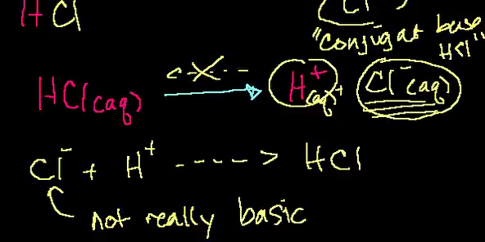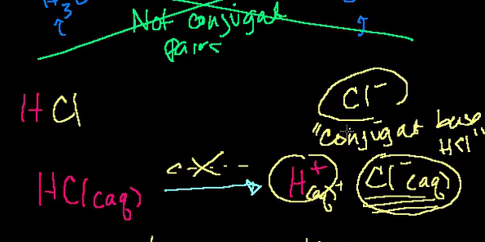So, like in the case of hydrochloric acid, if I had a big solution of just chlorine anions in water, at super high concentration, it's not going to do anything to change the actual hydrogen or hydroxide concentration in the water, because it's less basic than the water itself. It doesn't want to take or give anything to the water.